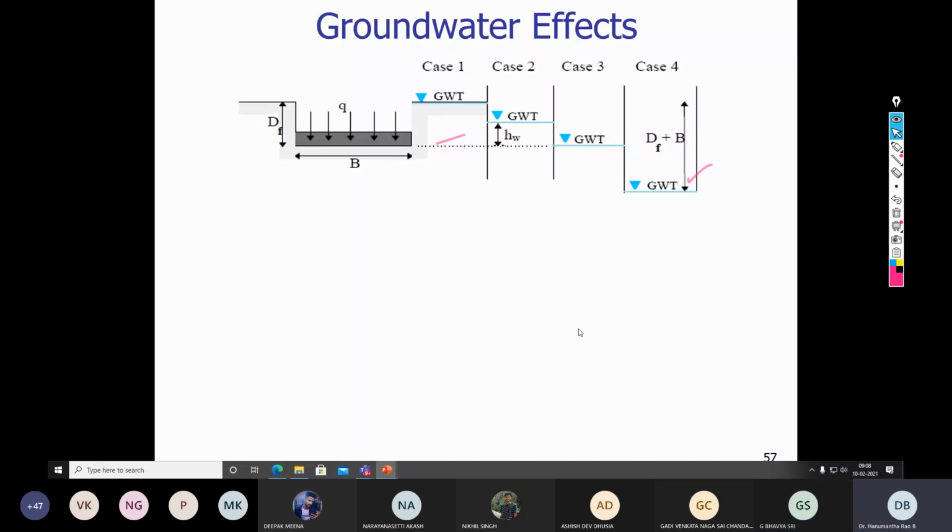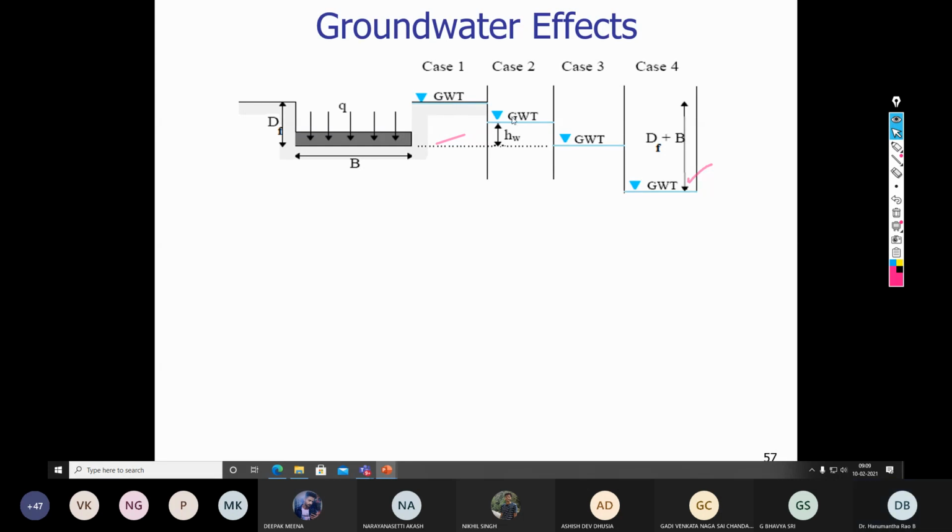Sorry. So this picture shows in how many ways the groundwater can impact the bearing capacity. First, case 1, where the location of the groundwater table coincides with the ground surface.